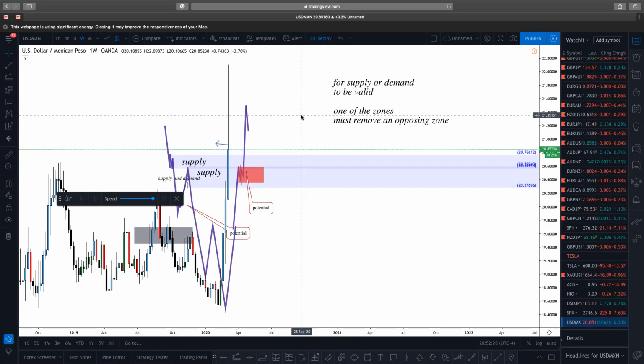And I'll even drop in some scenarios. You want to draw one way, supply removes demand. You should probably do it with every type of supply and demand: drop, base, drop, rally, base, rally, base, drop, base, rally, right? It's training. If you do it, you're training your eyes to see it, and you're going to be better.